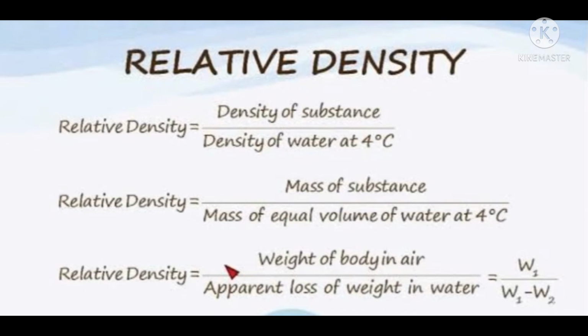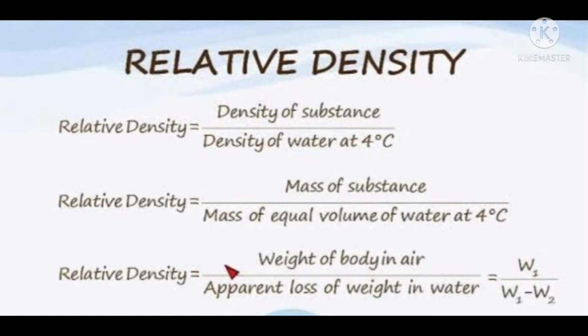Relative density is equal to density of substance upon density of water at 4 degrees Celsius, or relative density is equal to mass of substance upon mass of equal volume of water at 4 degrees Celsius, because we know density is equal to mass per unit volume. So their volumes are the same, which means it is mass upon mass.